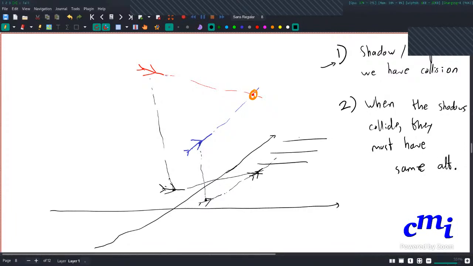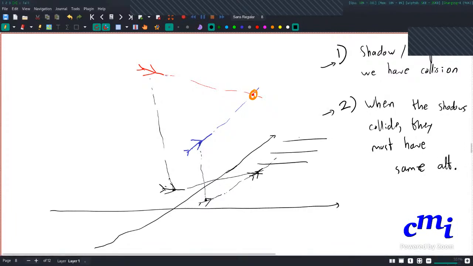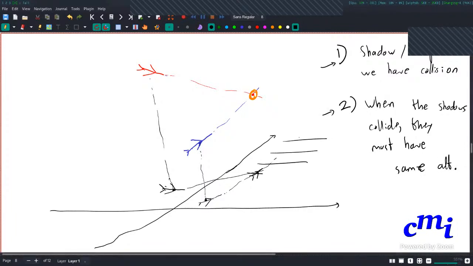So these two things characterize whenever a collision will happen. If a collision happens, then of course the shadows have to collide, and they will have to have the same altitude when they are colliding.